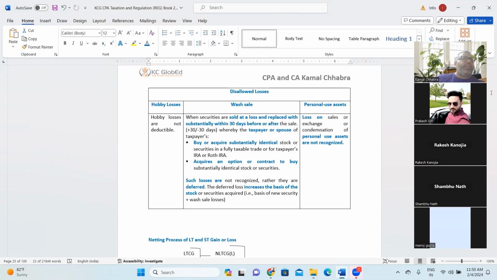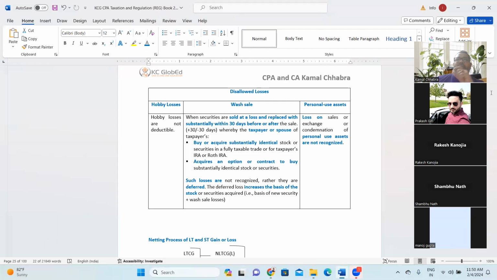So the gain which you are earning is taxable, but the loss which you incur is considered a deferred loss. That means in future, when you sell those shares to some unrelated third party, whatever the actual gain or loss is at that point of time, you need to consider for tax purposes.